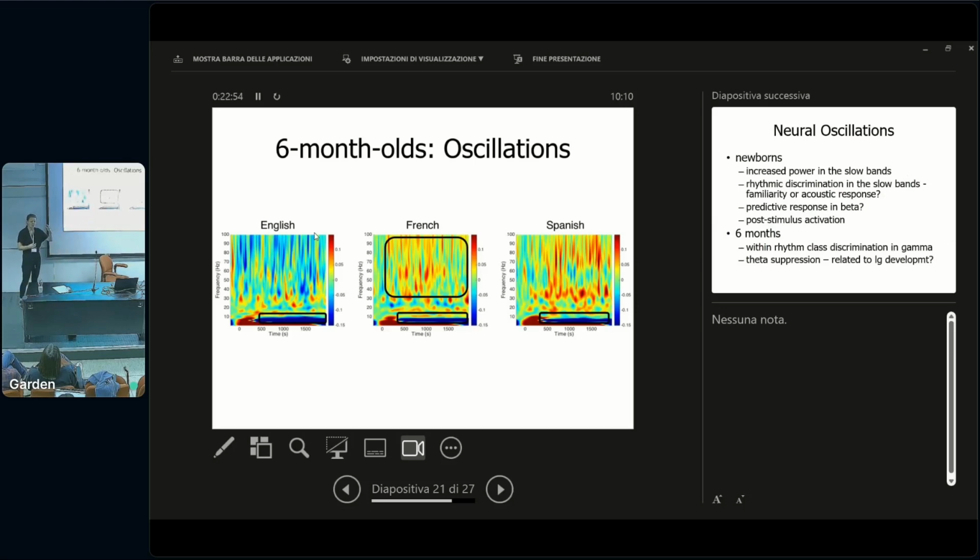So this is a shift from the syllabic level, so theta, towards gamma, the oscillations in the higher frequencies. And this is what explains the fact that there is no envelope tracking at 6 months. You don't see this here because it's not represented this way, but there is less theta suppression for English, precisely because it's not a language that they can process linguistically, but only acoustically.